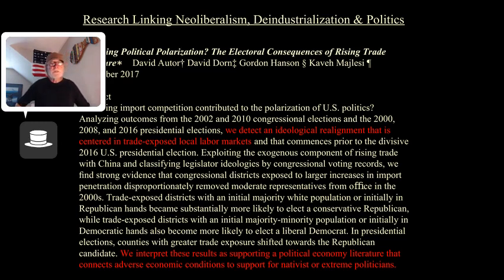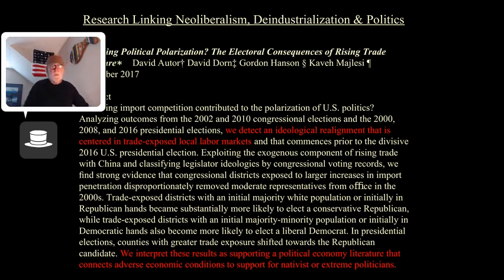It's a nice analysis. They say they detect an ideological realignment that is centered in trade-exposed local labor markets. And what they mean by that is labor markets, communities, regions of the United States, counties that have been negatively affected by the trade agreements that have taken place over the past 20 years.